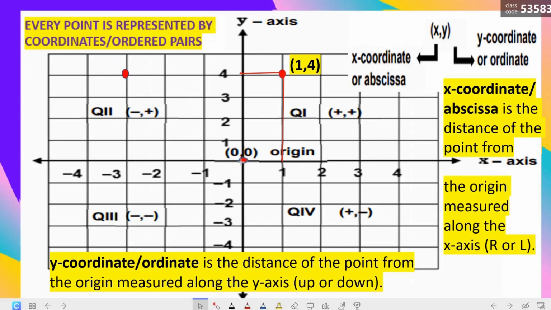You have to move to the left since our point is on the left. 1, 2, 3, negative 3. So it corresponds to negative 3. And along the y-axis, it corresponds to positive 4. So therefore, our ordered pair is (-3, 4), negative 3 for x and then 4 for y.